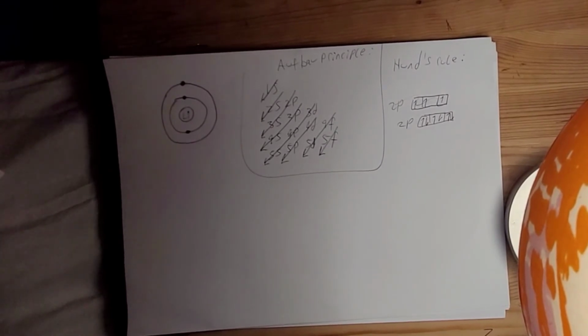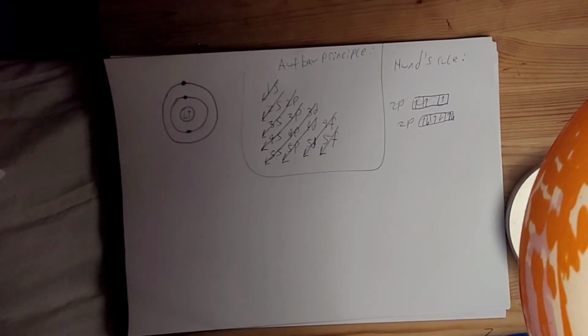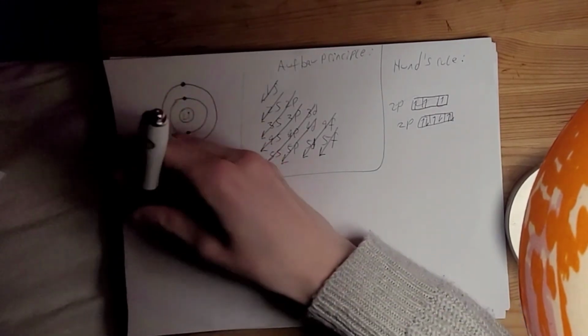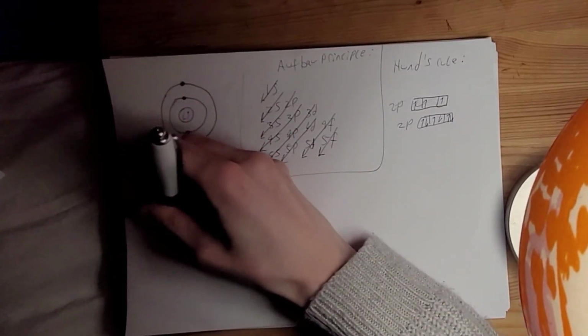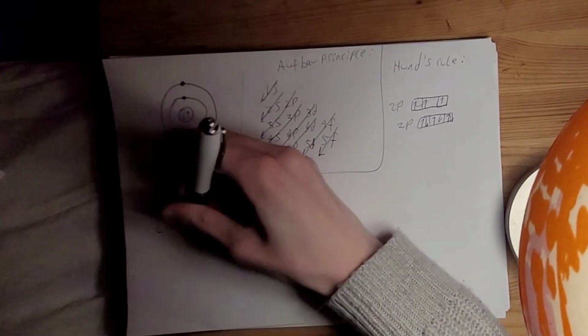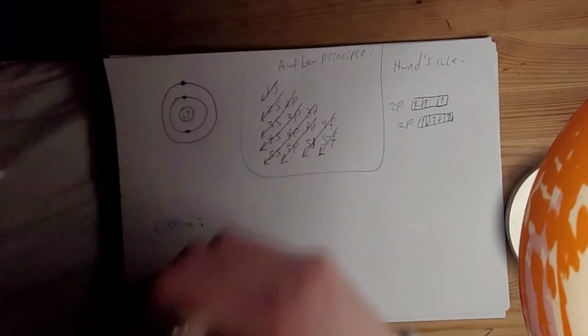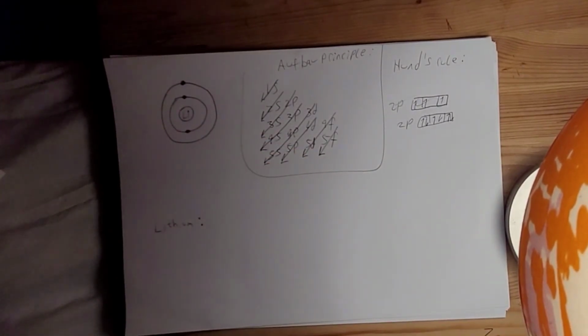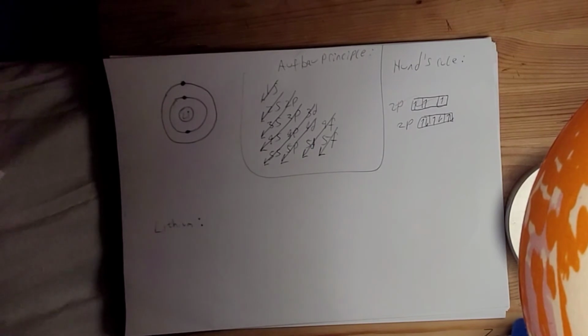What an electron configuration is, it's just stating where the electrons are, in which subshell, and which shell. So we take lithium. A lithium nucleus has a charge of +3. So if we're talking about a lithium atom, its electron shells must have 3 electrons in them, cancelling the +3 charge from the nucleus out.